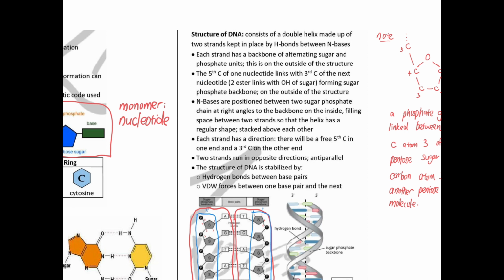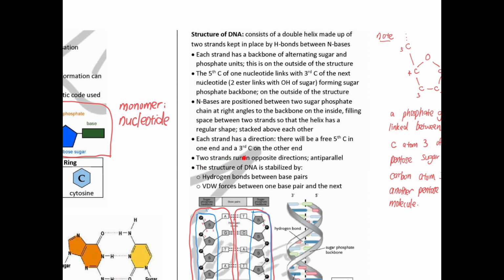Each strand has a direction. There will be a free fifth carbon at one end, which is this one, and a third carbon at the other end. So it's 5' to 3', or the other way around.